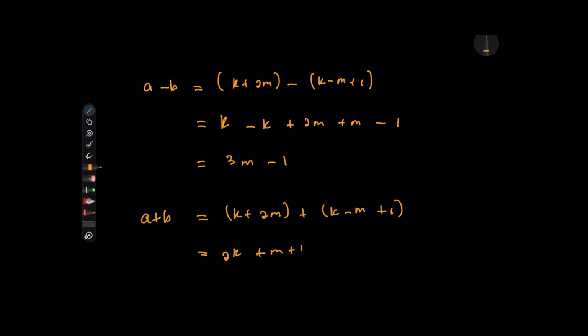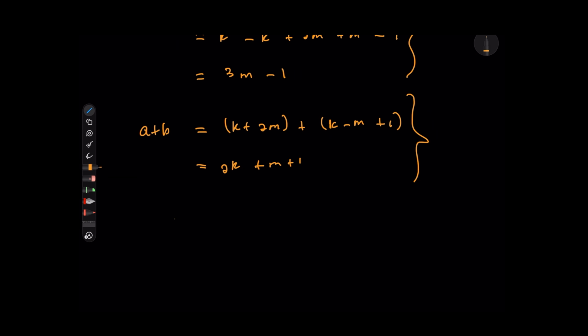Okay, so now I have two expressions for my difference of two squares. Now what I could do is say that e is equal to 3m minus 1 by 2k plus m plus 1. So now this is my e.